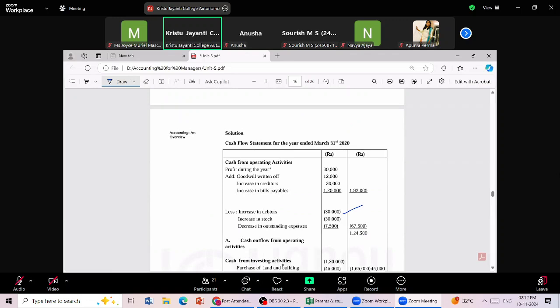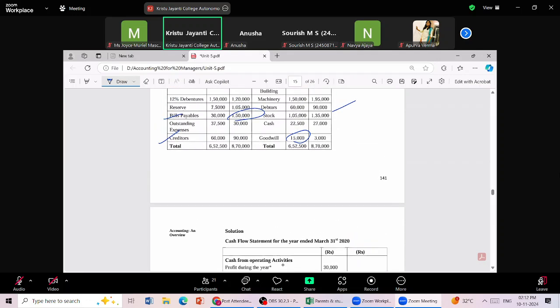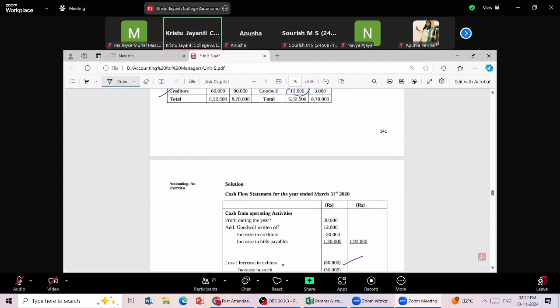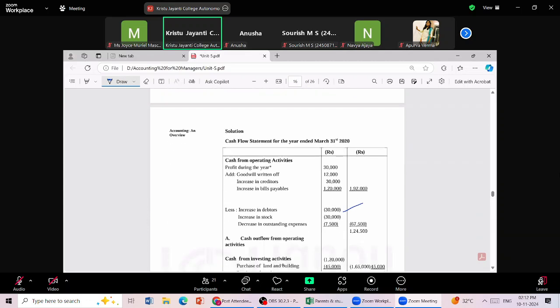So around 1,20,000 increase in the liability, you are adding. And then decrease in the outstanding. Outstanding was 37,500, and then it came to 30,000, which means you have paid off around 7,500. It is a decrease in the liabilities, so around 7,500.